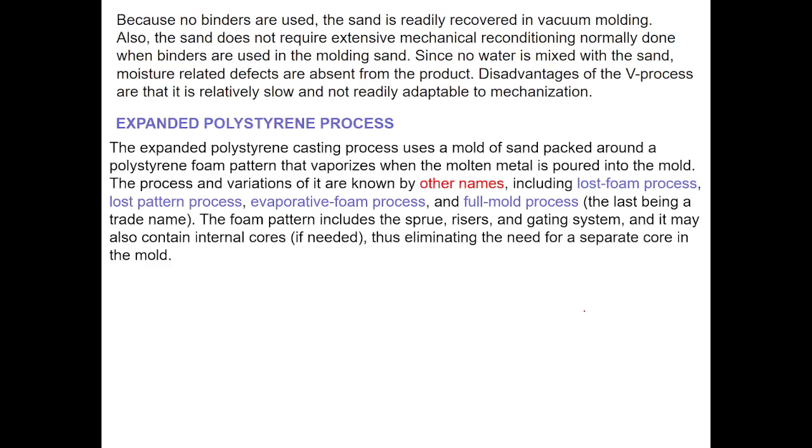In the literature or in the foundry industry, we say expanded polystyrene process, or lost foam process, or lost pattern process, or evaporative foam process. The pattern, including sprue, riser, and gating system, is prepared using expanded polystyrene.